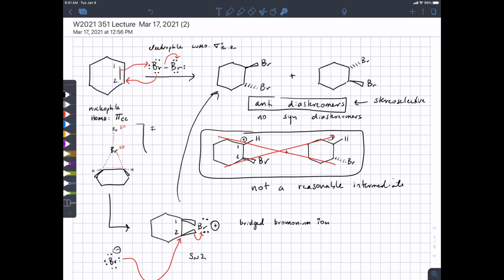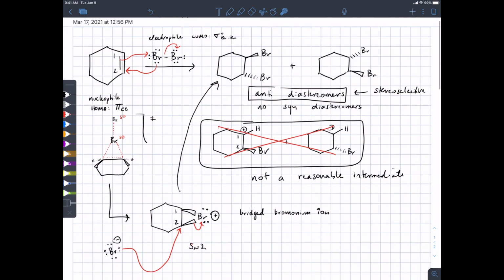The reaction involves formation of a bridged bromonium ion, like we talked about, a three-membered ring that's bonded to carbons 1 and 2 at the same time, and then that three-membered ring gets opened up by the other bromide, the one that left when the olefin attacked the bromine sigma star, and it attacks from the backside, as typical for SN2 reactions, and you get inversion of configuration.